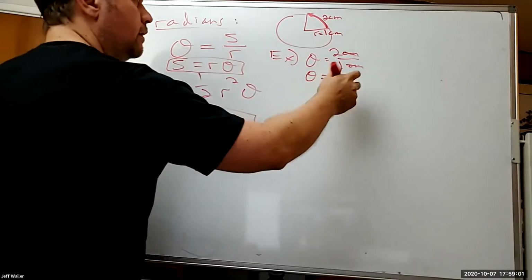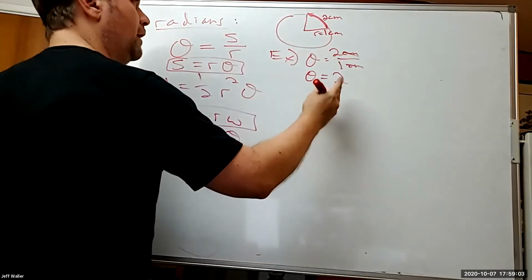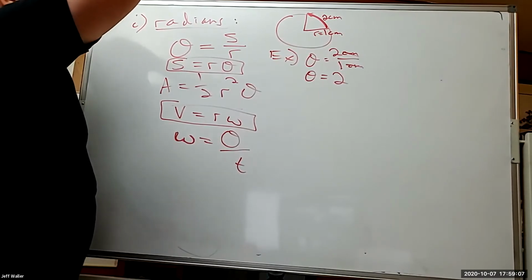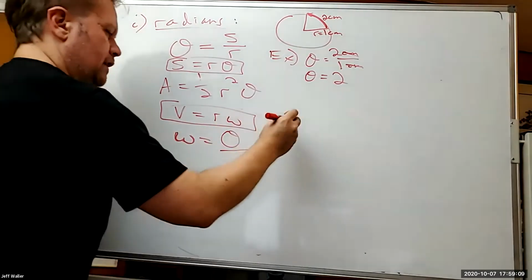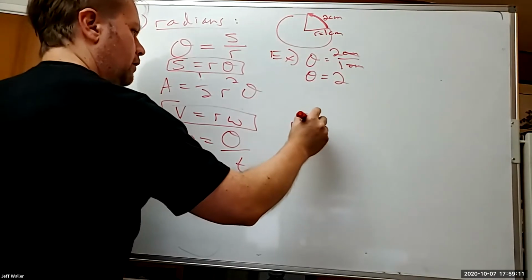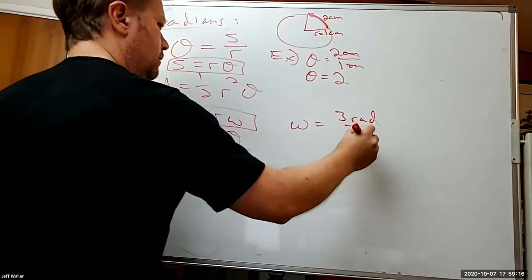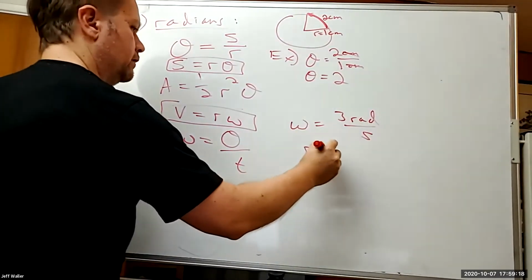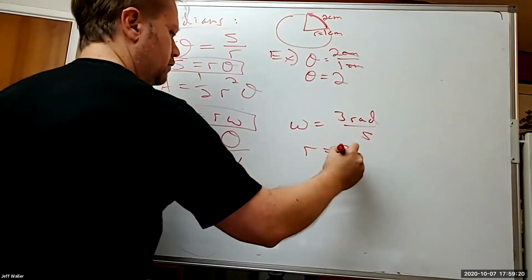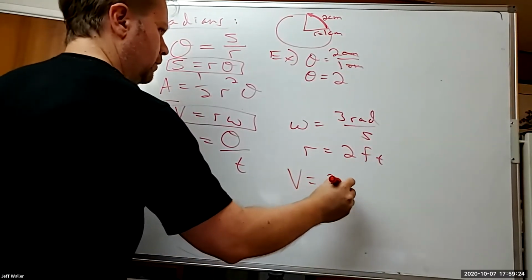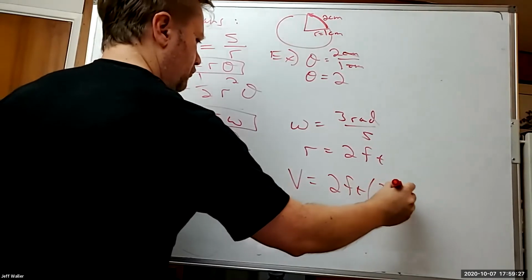So the example I gave you last time is if I know that the angular velocity was 3 radians per second, and I knew the radius is 2 feet, then the linear velocity would be 2 feet times 3 radians per second.